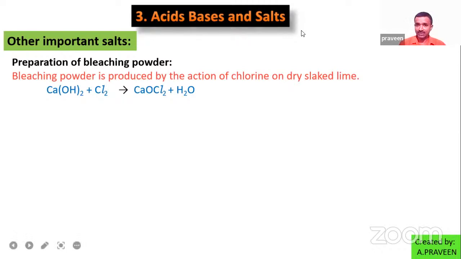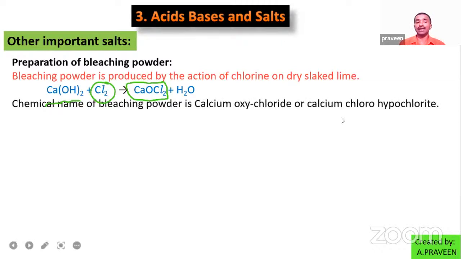Simply, this CaOCl2 is chemically called calcium oxychloride. So chlorine gas reacts with Ca(OH)2 producing CaOCl2, commonly called bleaching powder. The chemical name of bleaching powder is calcium oxychloride or calcium chlorohypochlorite.